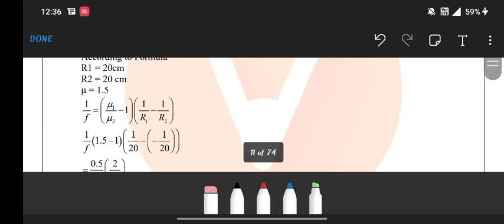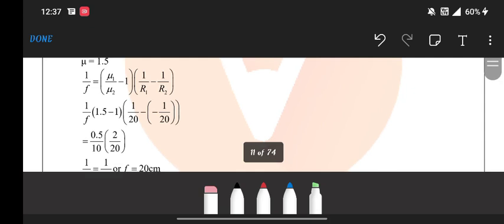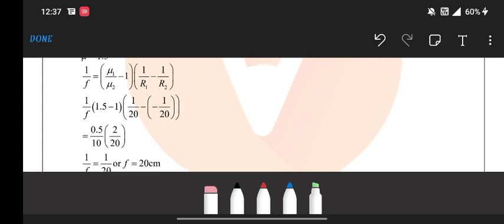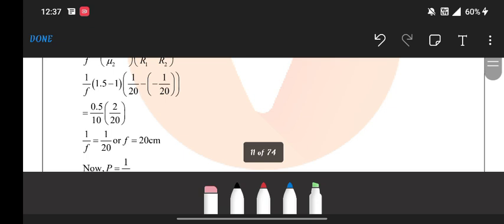So 1 by f is equal to 1.5 minus 1 into 1 by 20 plus 1 by 20, that will be 0.5 into 2 by 20. So 1 by f is equal to 1 by 20, so the focal length f is equal to 20.